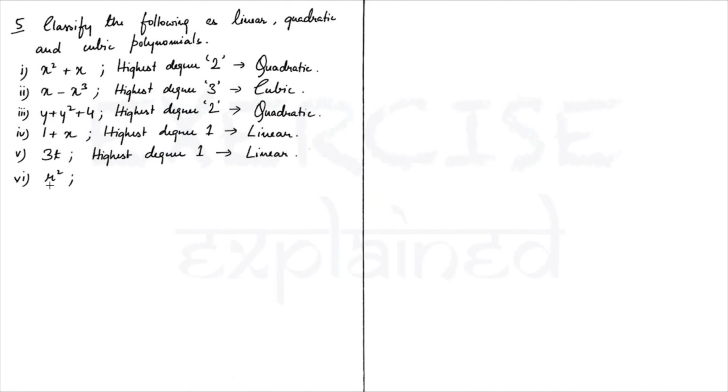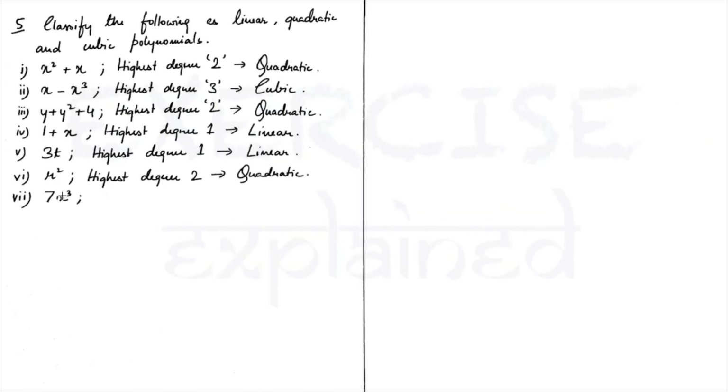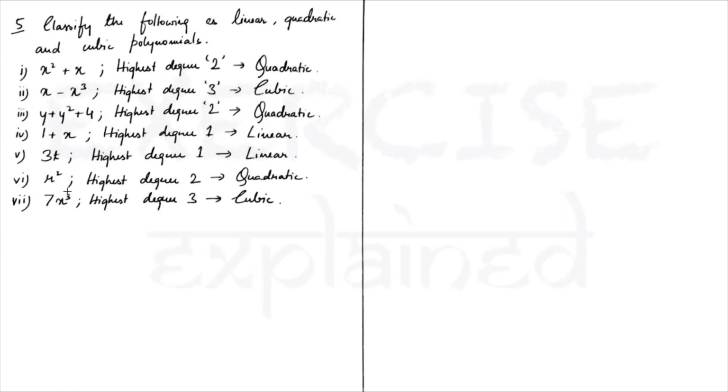Coming to the next one, that is r square. So r square, you can see the degree is 2, so the highest degree is 2, and it happens to be a quadratic polynomial. So coming to the next question, that is 7x cube, you can see the highest degree is 3, so this happens to be a cubic polynomial.